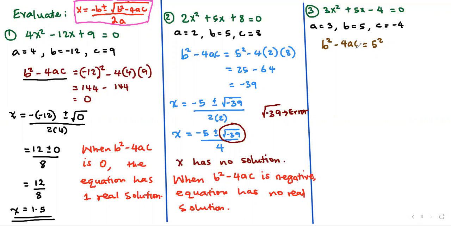Now we say minus 4 times a, which is 3, times c, which is negative 4. So 5 squared gives you 25. Minus 4 times 3 gives you minus 12. And minus 12 times minus 4 gives you positive 48. You know 4 times 12 is 48.